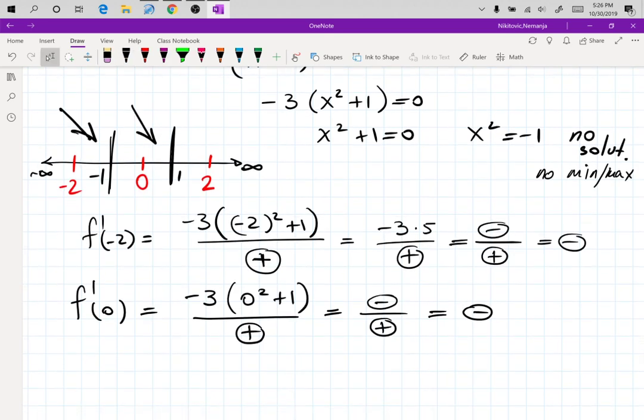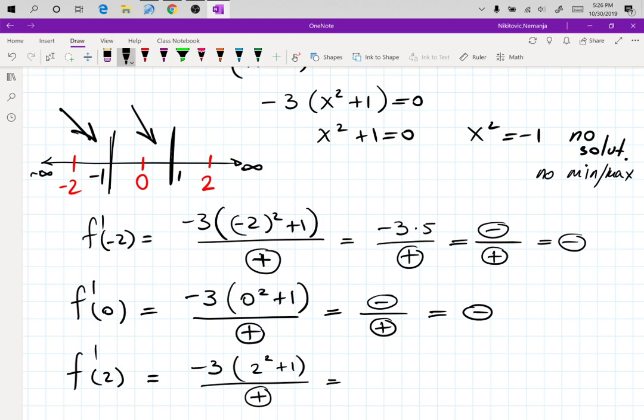And finally, the calculation at 2. We're going to have negative 3 times 2 squared plus 1 over a positive number, which is again negative divided by a positive, or another negative. So all of these are negative, negative, negative.